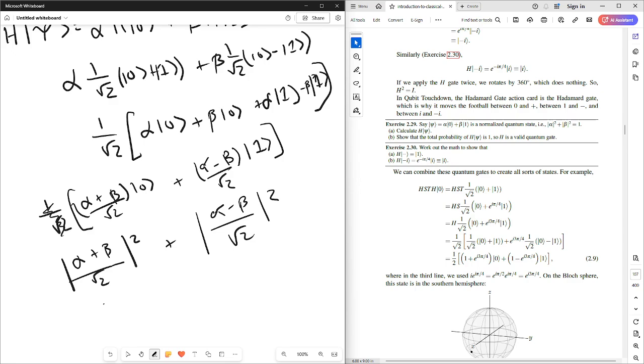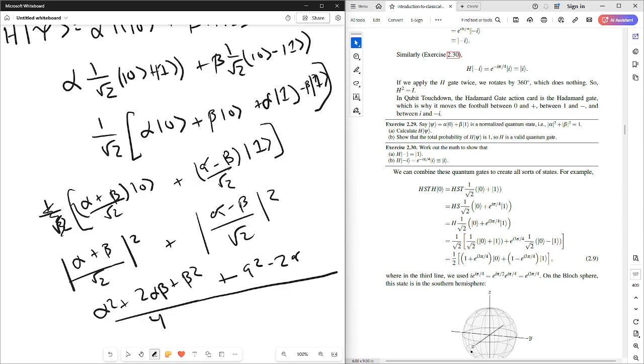Let's proceed without that. So let's just do this algebraically. Alpha squared plus 2 alpha beta plus beta squared over 4. And these will both be over 4, so we can just combine here. Plus alpha squared minus 2 alpha beta minus beta squared.